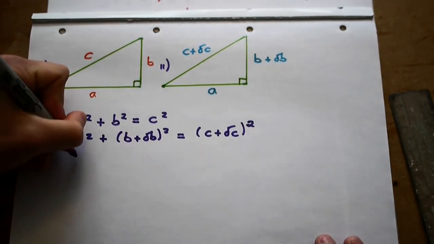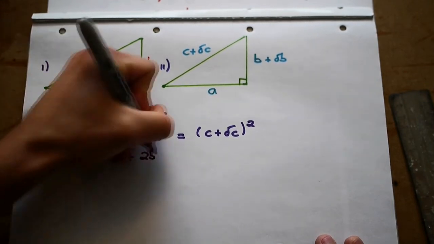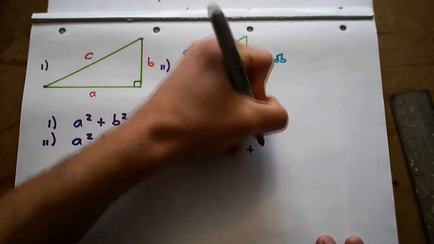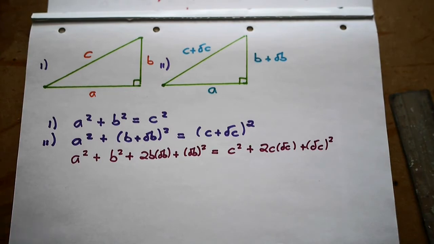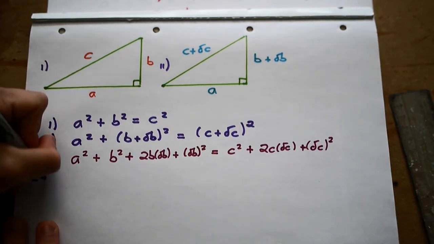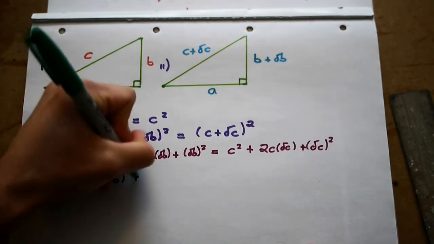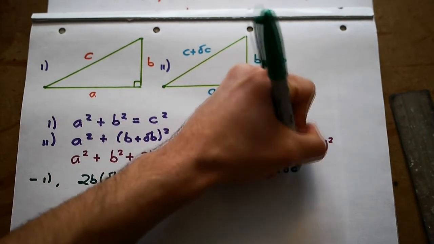By multiplying the second one out, we have a squared plus b squared plus 2 times b times delta b plus delta b squared equals c squared plus 2c times delta c plus delta c squared. If we now subtract the first from the second, we have 2b times delta b plus delta b squared equals 2c times delta c plus delta c squared.